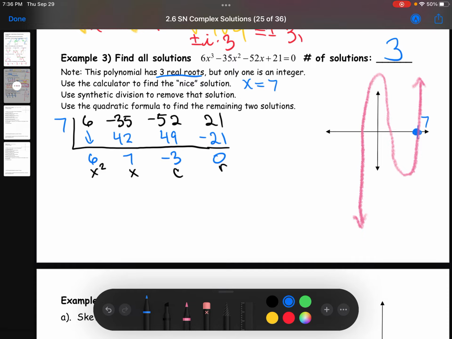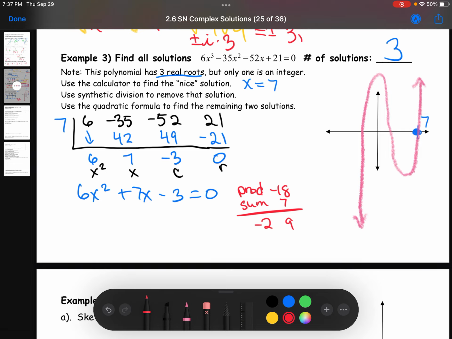Now, we want to see if it will factor some more first. So we look for sum and product to see if this will factor any more. Might not. If it will factor, factoring it will be simpler than solving it with the quadratic formula. Okay, so I'm going to take this quadratic, 6x squared plus 7x minus 3 equal to 0. If this will factor, we need a product of negative 18 and a sum of 7.